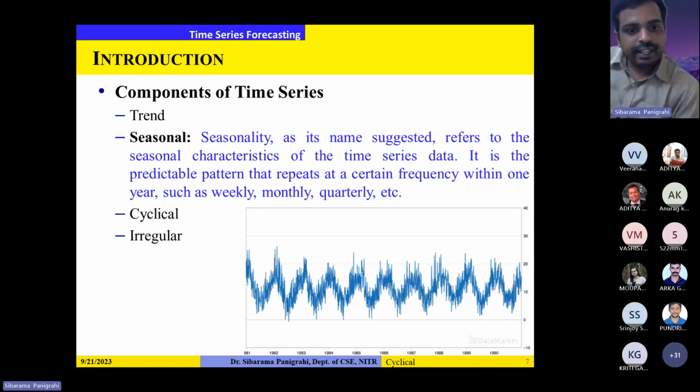So what is seasonality? If there is a predictable pattern that repeats itself at a certain frequency within a year, or within a week, or within a month, or quarterly, or within an hour also, then we will call it a seasonal pattern. Take the internet traffic time series.